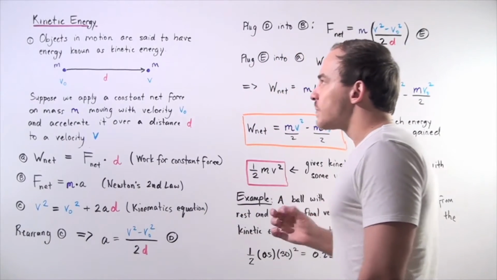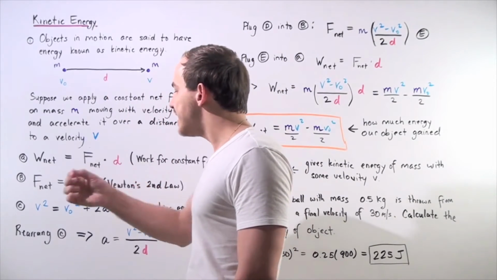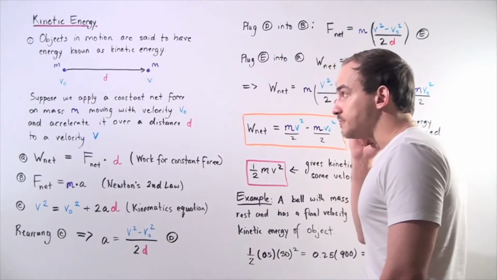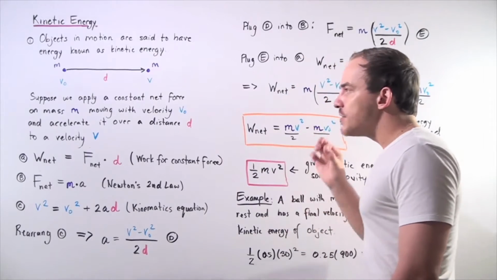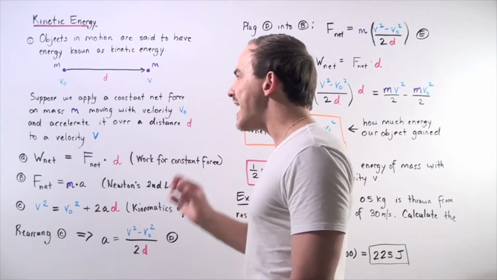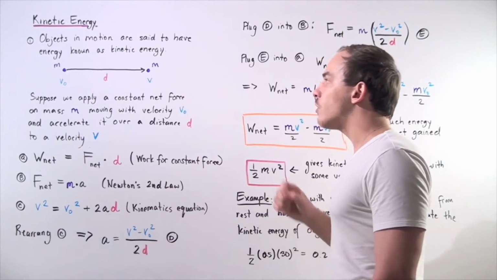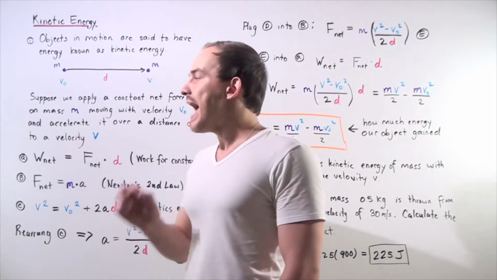It states that the net force acting on the object is given by the mass multiplied by acceleration. Now, because we have constant net force, that means we have a constant acceleration. So that means we can use one of our kinematics equations for uniform or constant acceleration.